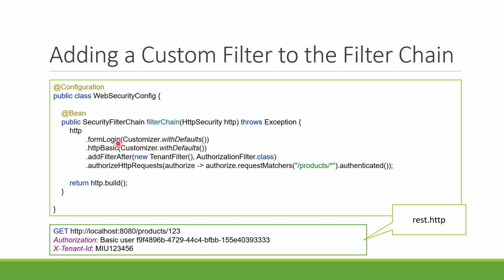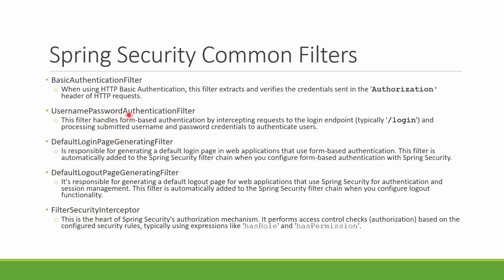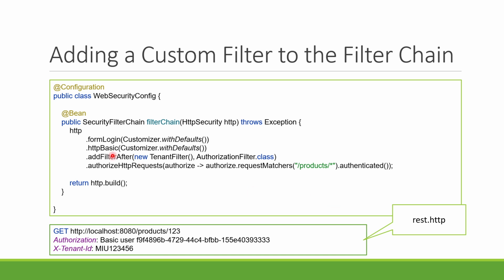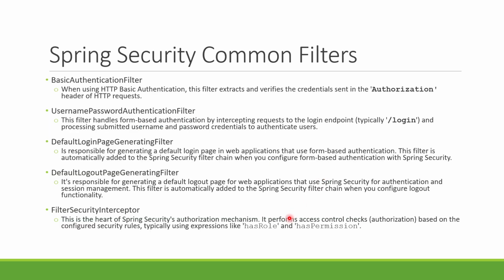If you add form login, it's going to use the username password authentication filter. You're going to have a login page, a default page generated for login. Then logout, and the filter security interceptor, which is used to process the roles. It should be hasAuthority, not has permission. It also deals with the method level. You can directly write hasRole, hasAuthority to do that.